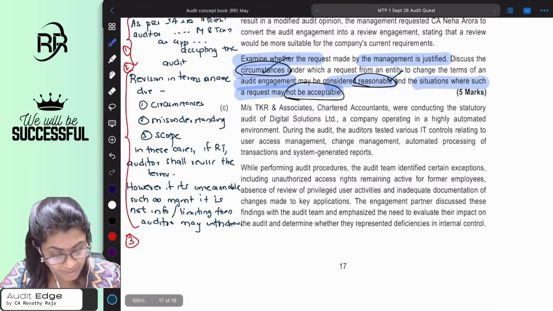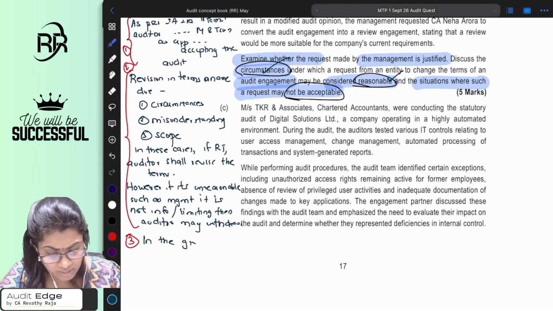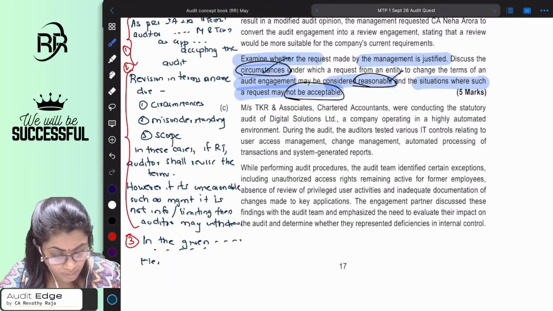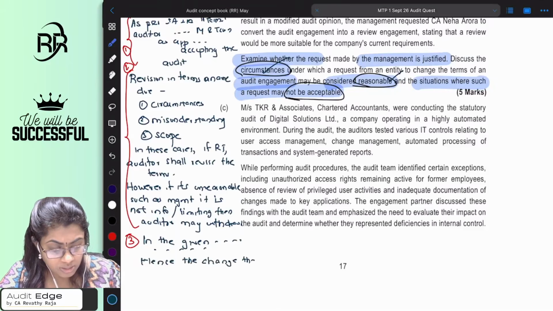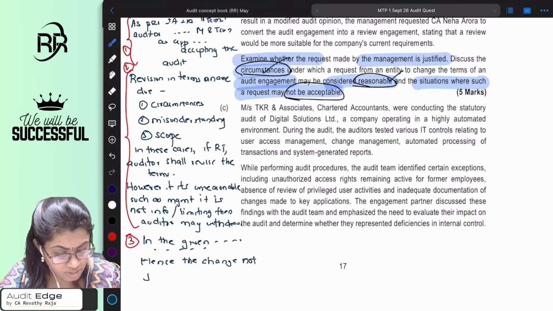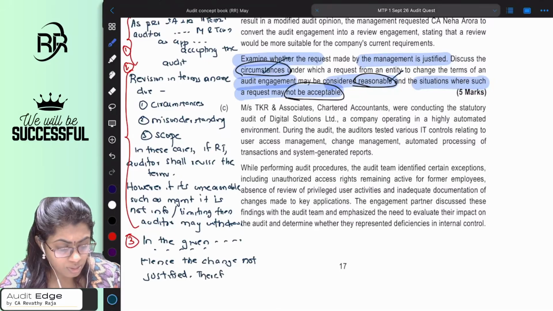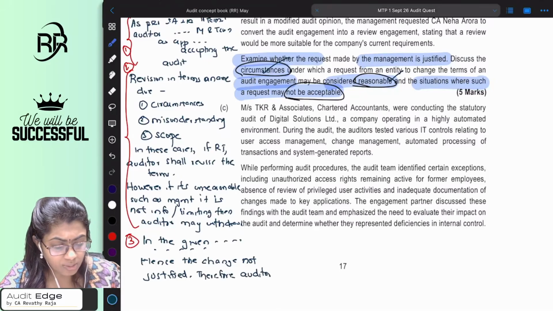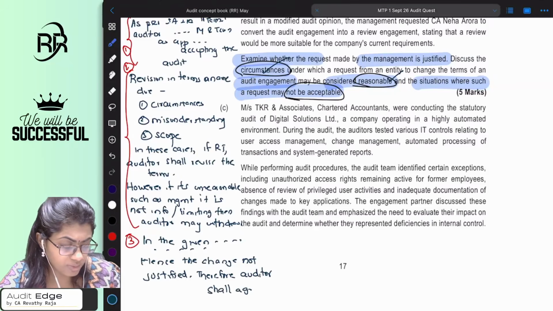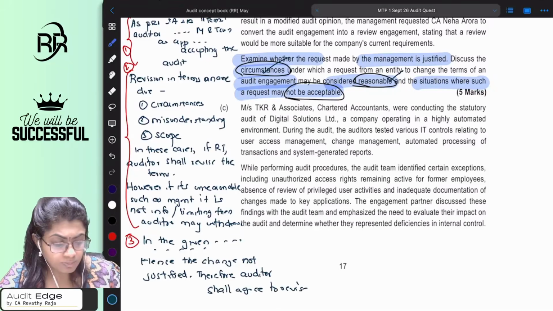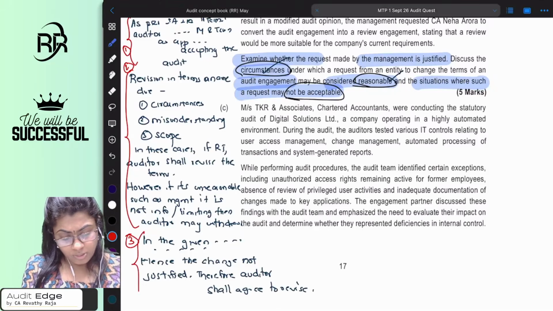So in the given case, that you will write: hence, the change in terms is not justified. Therefore, the auditor shall not agree to revise. So that should be the concluding para.